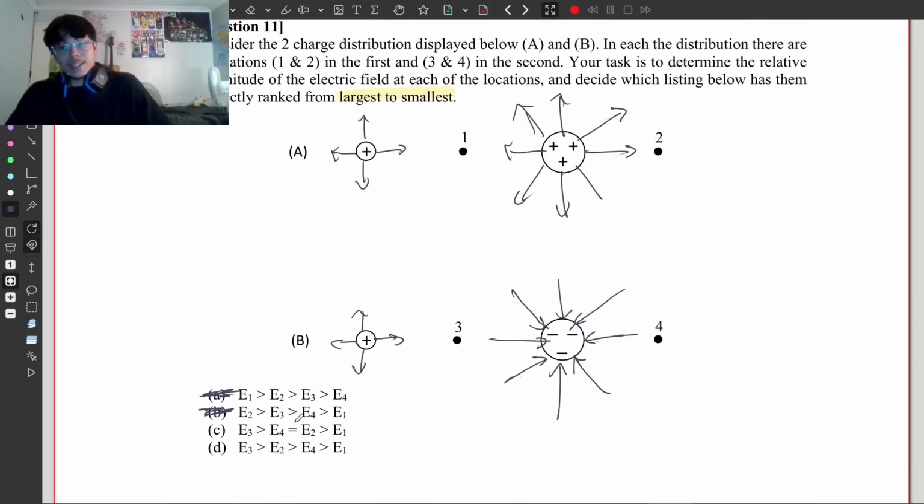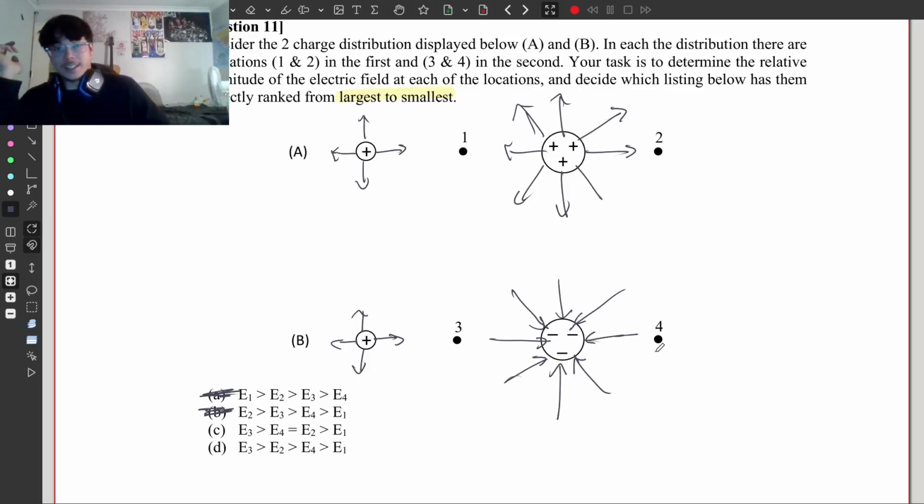So we're left with C or D, and we can probably say that at 4 and at 2 it's equal because the magnitude is just the strength of the field, not the direction, not the orientation.